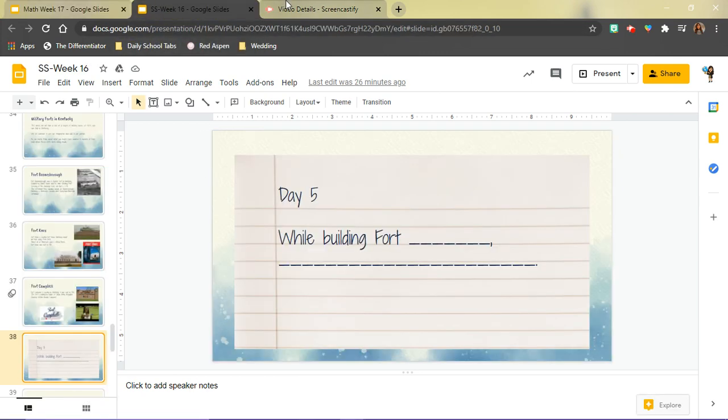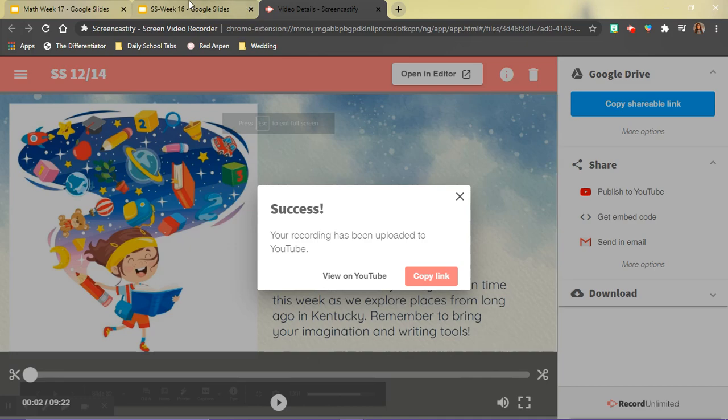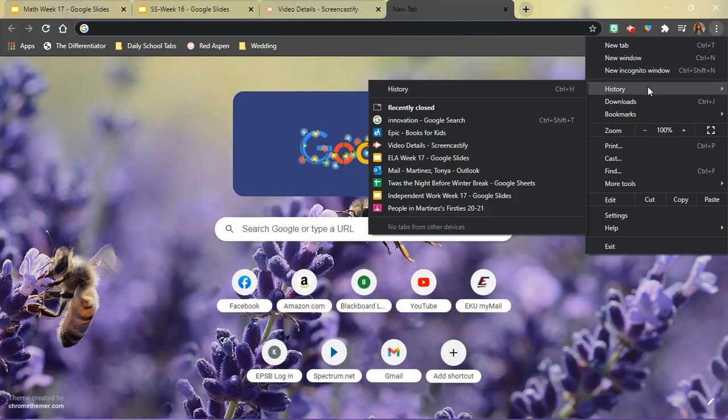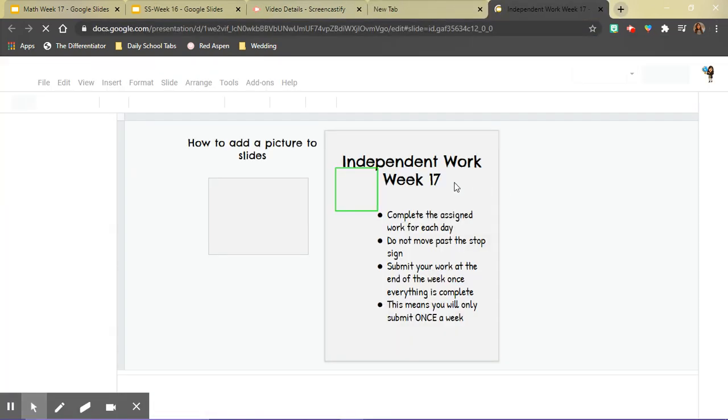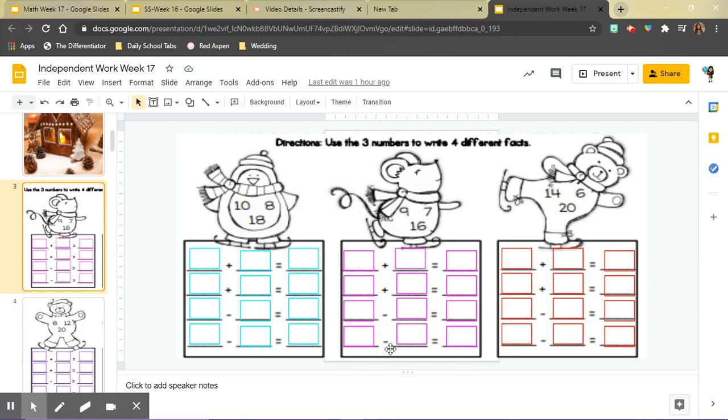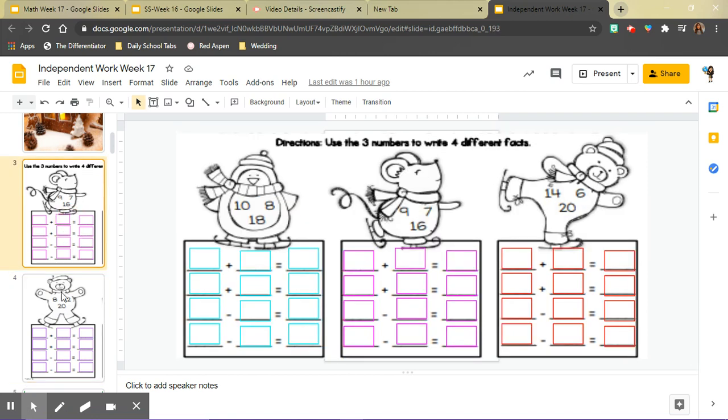And when you pull up your independent work, I just want to pull it up for us really quick so that you know exactly what you need to be doing. You are going to be working with fact families. You will have 3 on each page. And all you have to do is look at your fact family. We already did this one together.